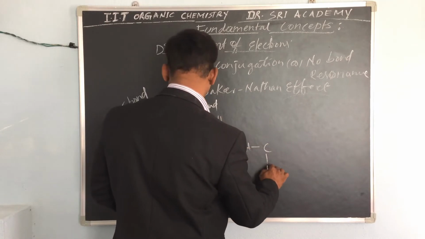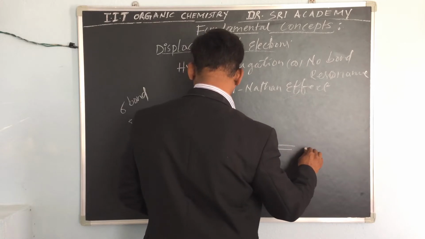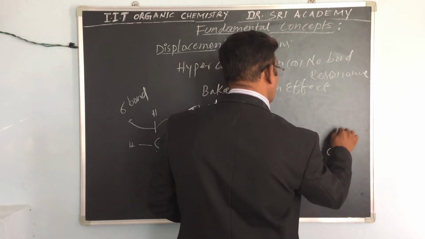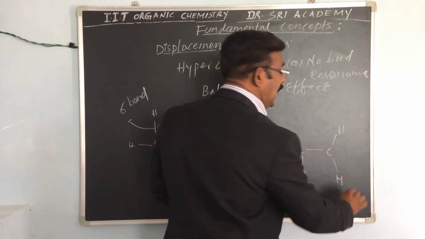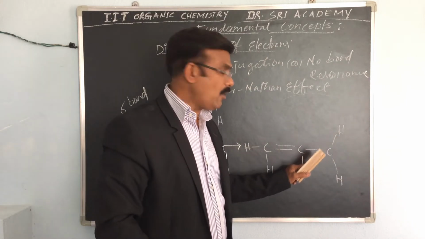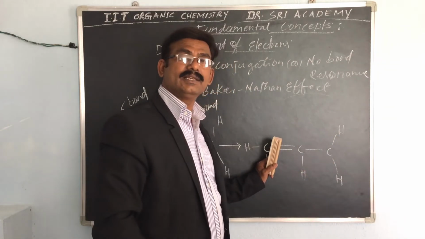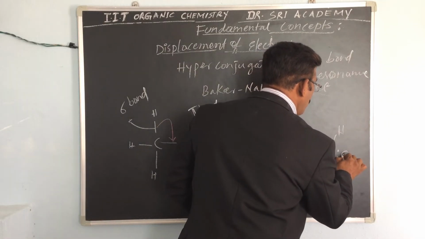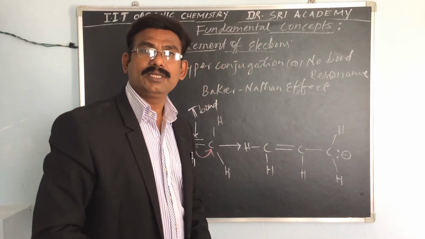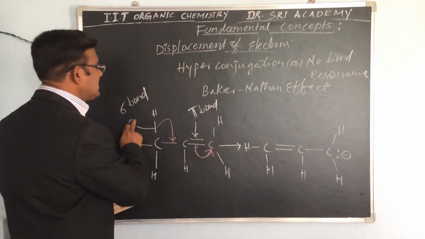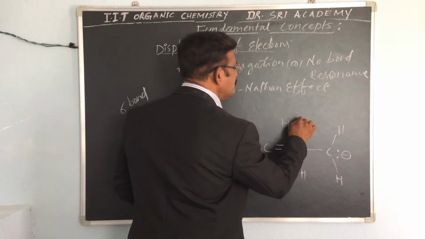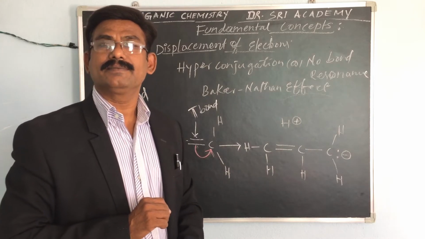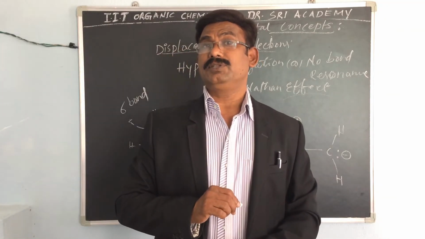Here the bond came in with 2 electrons. One bond is equal to 2 electrons. So the 2 electrons are here, that is the minus charge. And H plus, the sigma bond electrons leave, here simply H plus ions. This is the hyperconjugation effect.